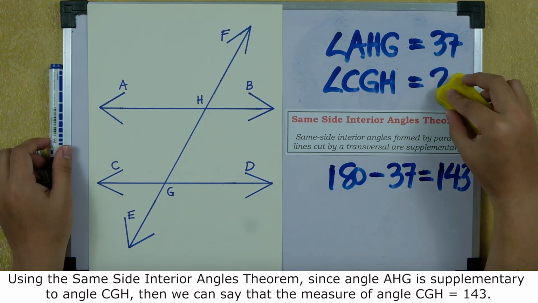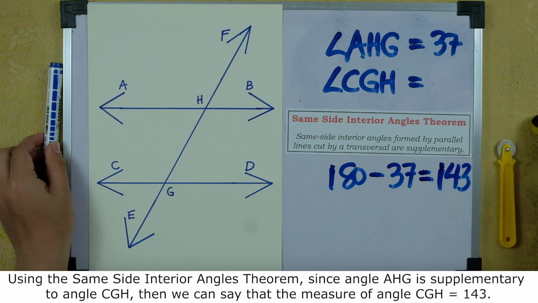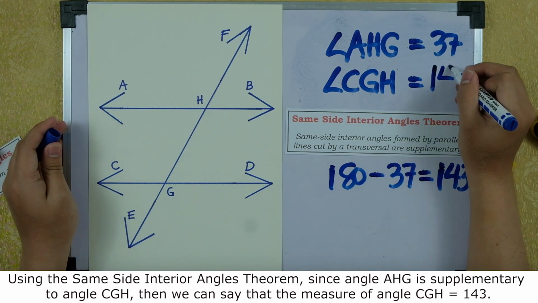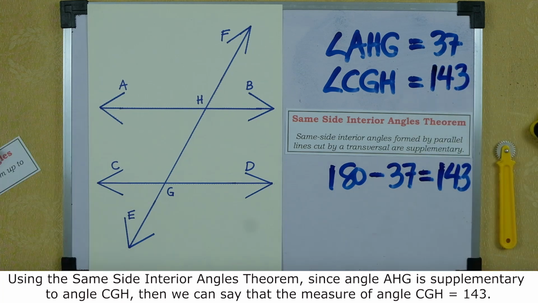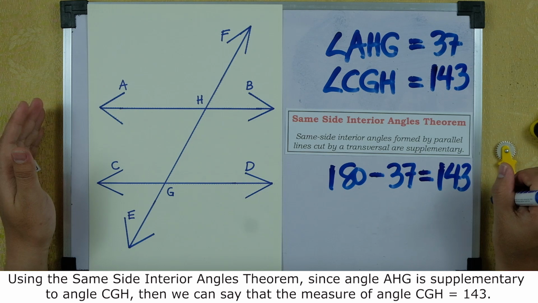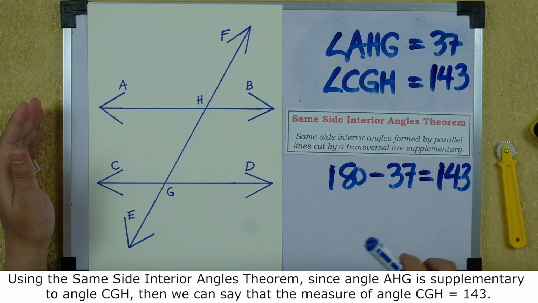Therefore, the measure of angle CGH is equal to 143. By the way, when we want to know if these angles are supplementary, then we'll just get the difference between the given angle and 180. So that is how we obtained 143.